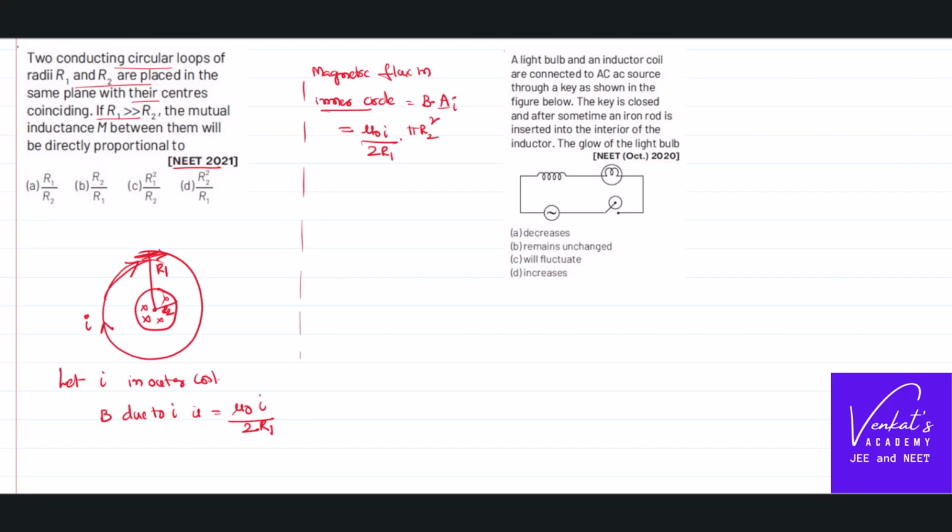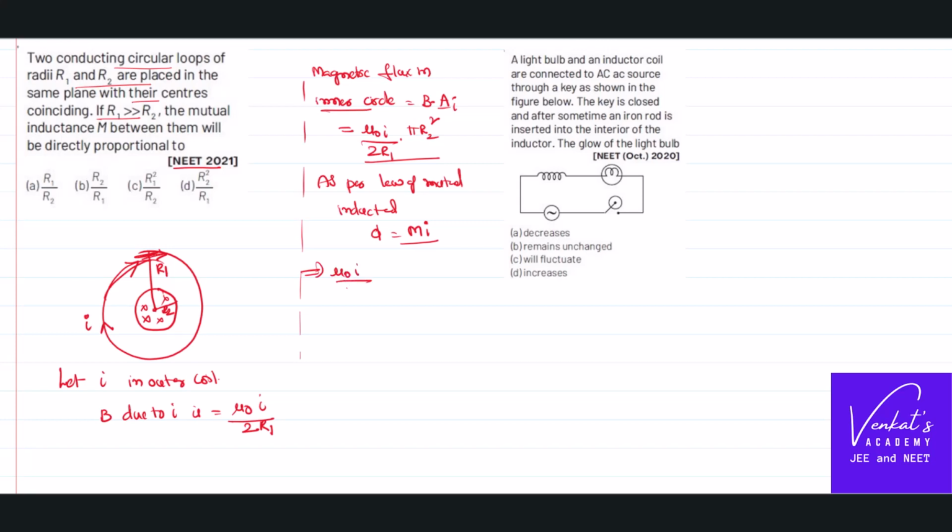But as per the law of mutual induction, the induced magnetic flux can be written as M into I, where M is called mutual inductance. So this magnetic flux can be equated with M I. What happens then?